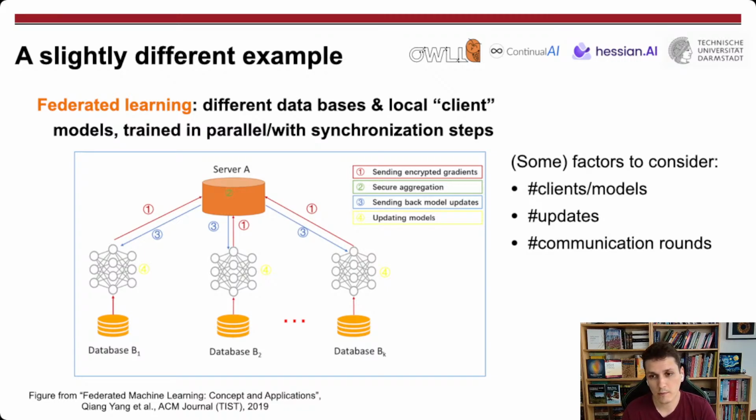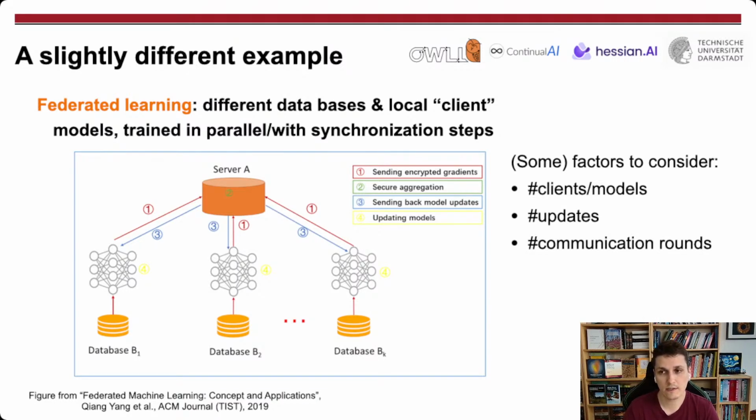The particular example I want to mention here is federated learning, which comes from what you might think is a very different perspective. It is the scenario where you have different databases, here database B1 to BK, and you have something called a local client, basically synonymous to a usually physical device, like a mobile phone or a server somewhere.